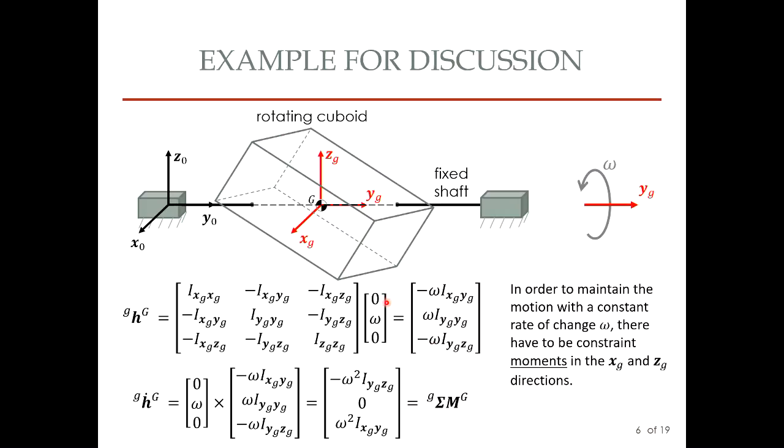As you rotate the cuboid about this YG, it's like some components of the cuboid are trying to fly in the ZG and XG directions. Because of the mass distribution, the angular momentum is no longer parallel to the angular velocity.